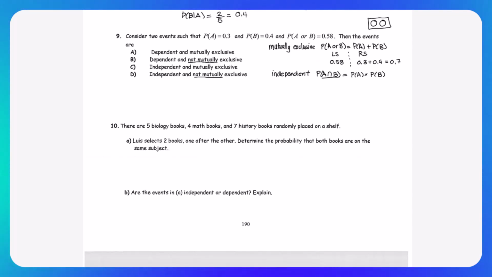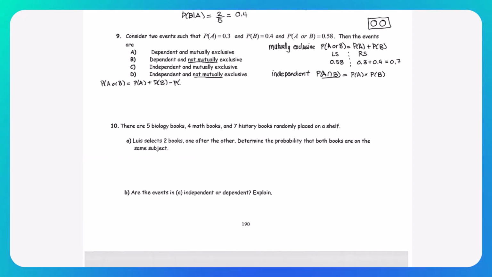But now that we know the events are not mutually exclusive, we can go to our formula for the probability of A or B, because remember, this is what it is.